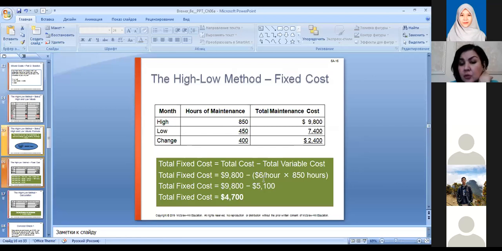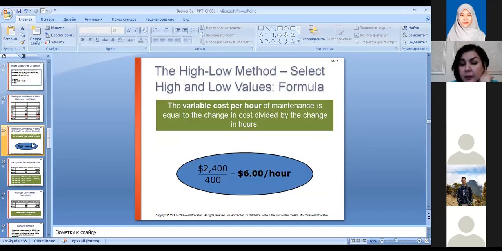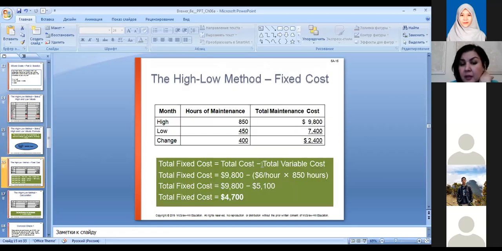Let's calculate total variable cost. We just calculated that variable cost per unit equals 6. We multiply by the number of hours, 850.